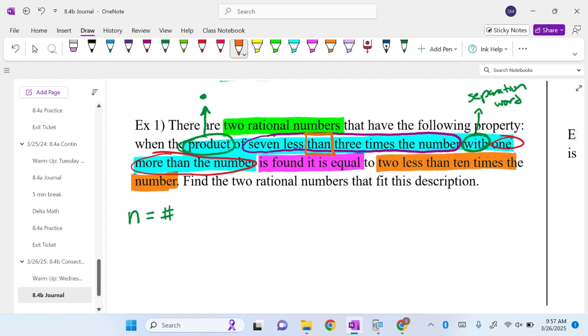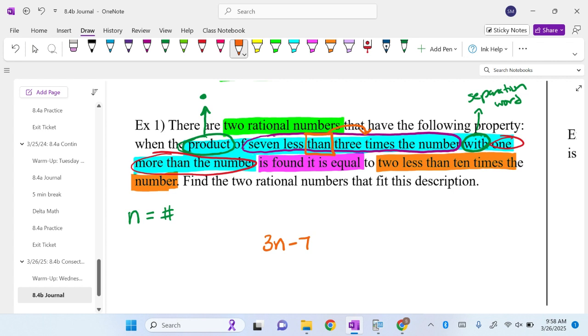So than means that instead of looking from left to right, we look from right to left. So that means we're starting over here with the 3 times the number. If n is my number, how do I represent 3 times the number? 3n. We're just multiplying 3 times a number. So that's the first part. What's the second part of that statement say? 7 less. How do I represent 7 less? Minus 7. Good.